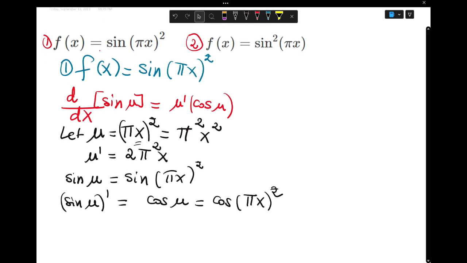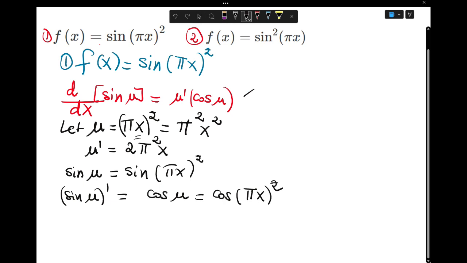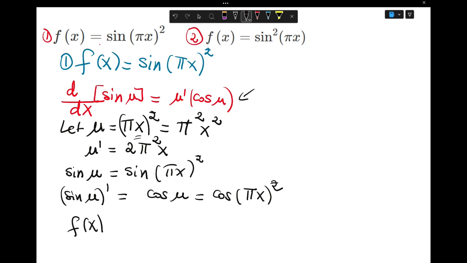All right, so now we can apply this formula. We're just going to say f prime of x has to be equal to u prime, which is 2 pi square x, times cosine of pi x square in parentheses.